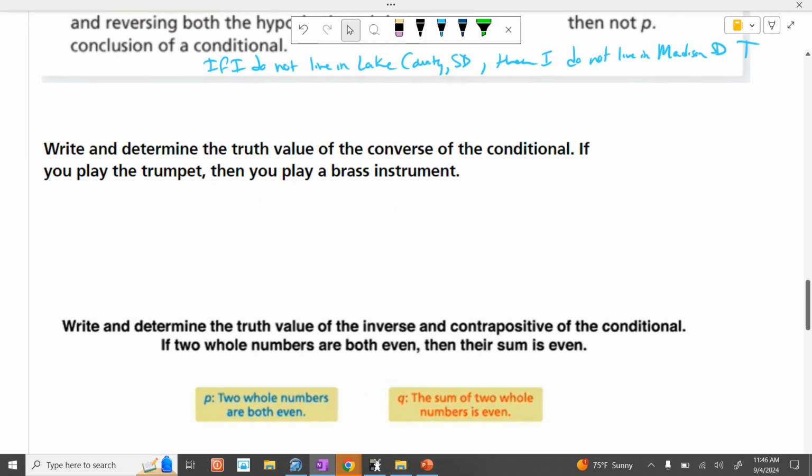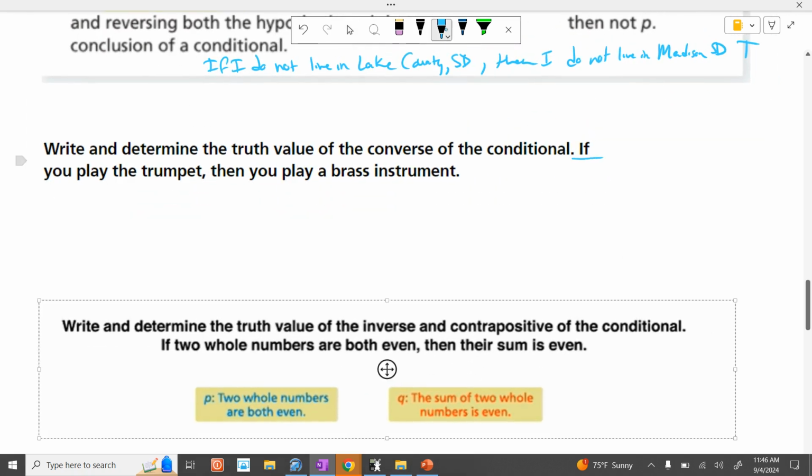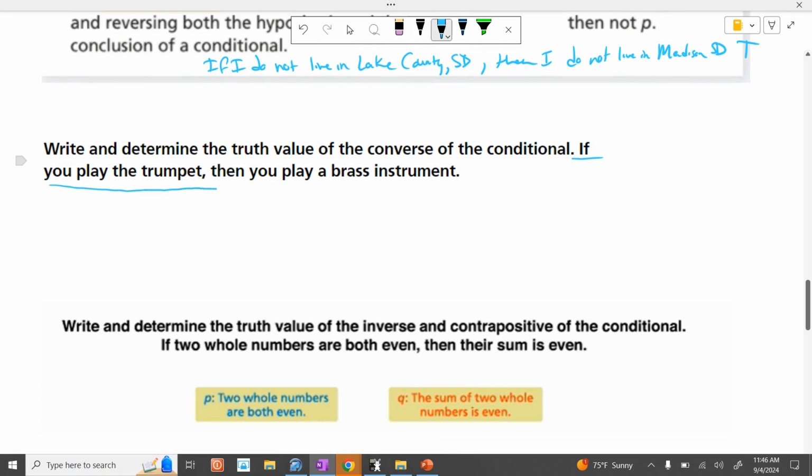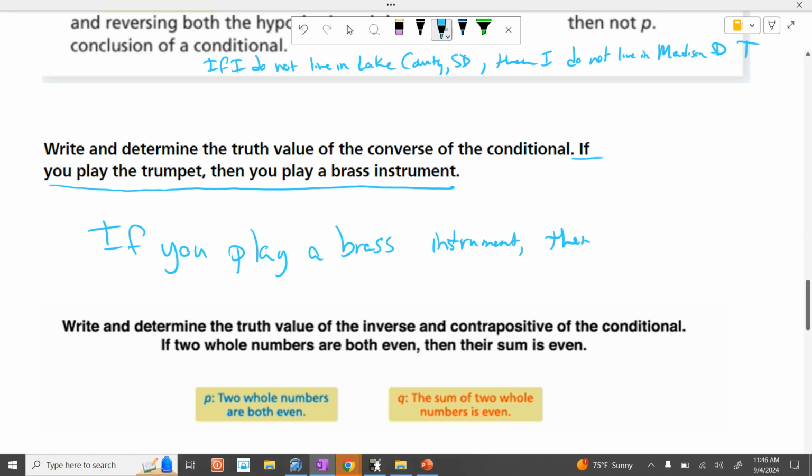All right. If you play the trumpet, then you play a brass instrument. Let's look at the converse of that. The converse would be, if you play a brass instrument, then you play the trumpet.